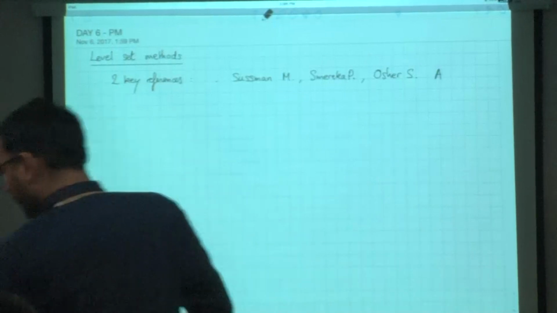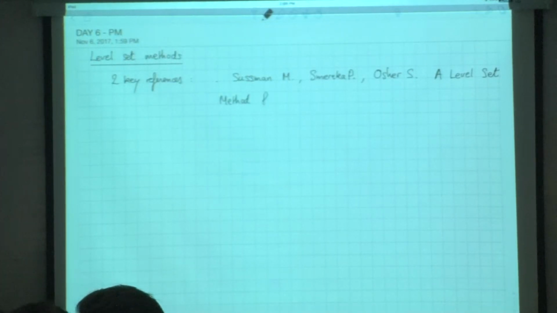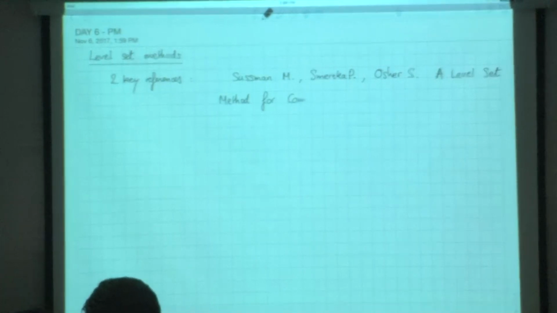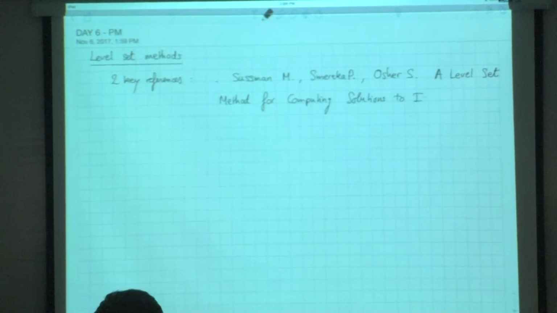The title is A Level Set Method for Computing Solutions to Incompressible Two-Phase Flow.